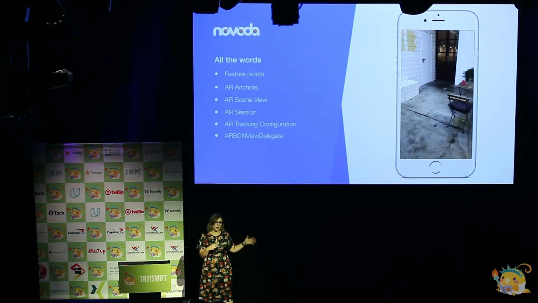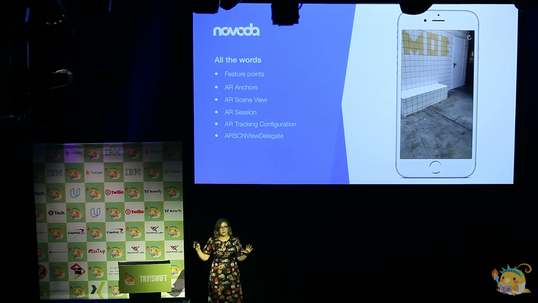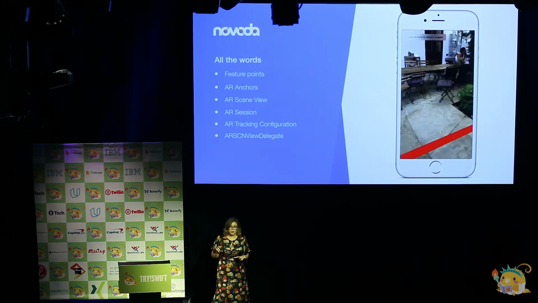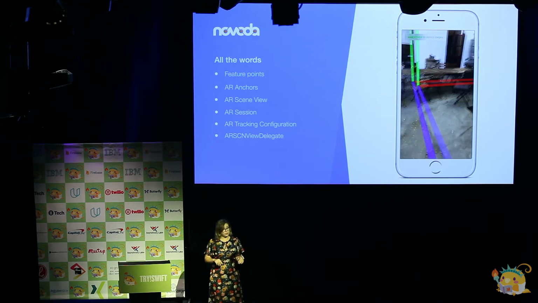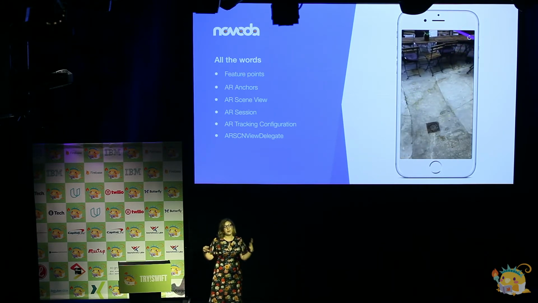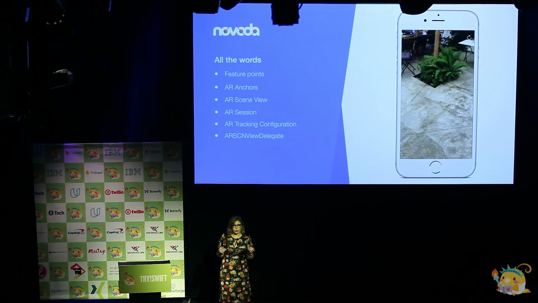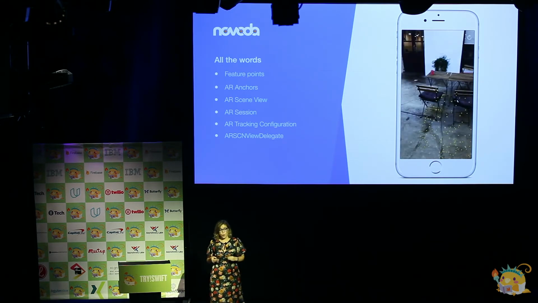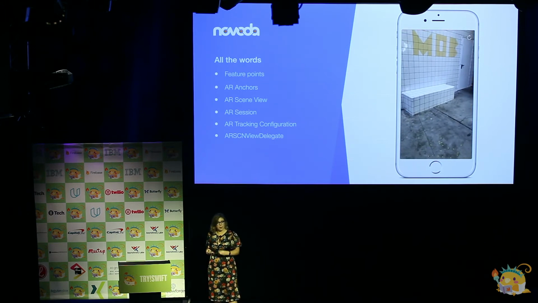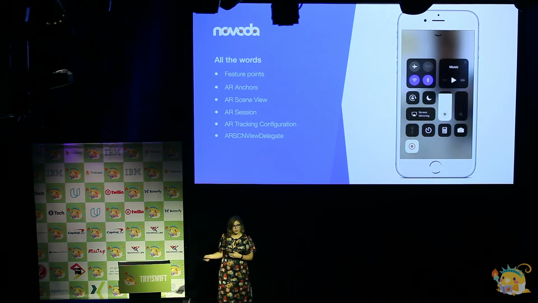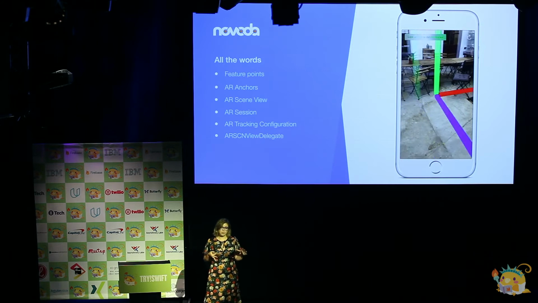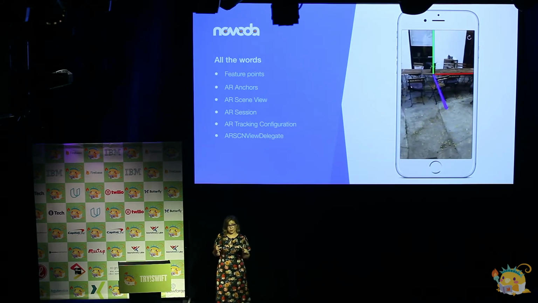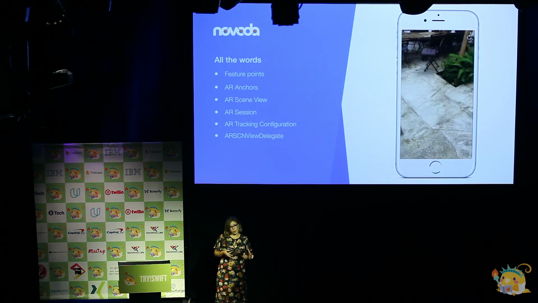It's how world tracking works a little bit, how it understands the surroundings. They're also translated into ARAnchors. That's a very broad definition for a specific object in a 3D model, and there are different types of anchors. We are going to be using an ARFaceAnchor, which is a class inherited from ARAnchor. So those are some of the words I'm going to be throwing around, so you can know a little bit more about them.